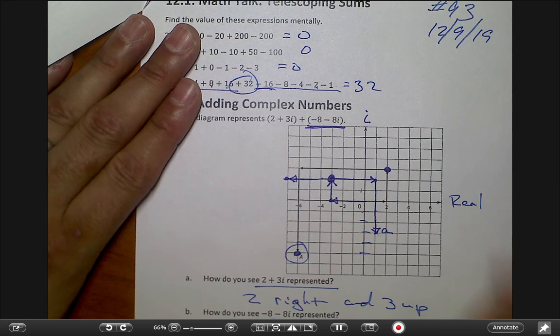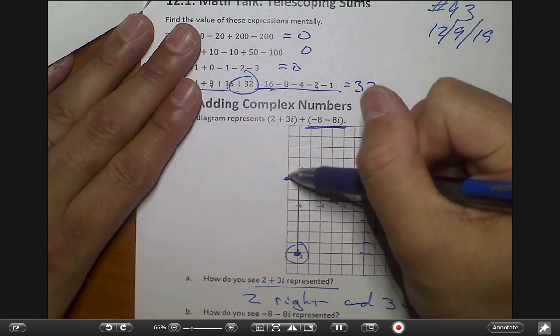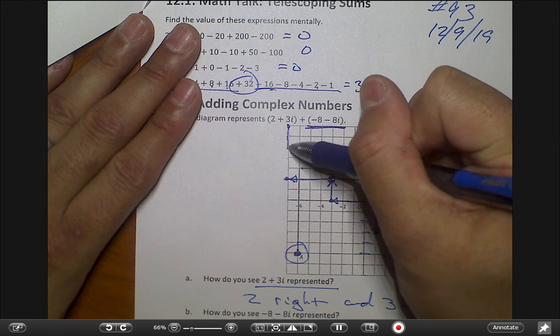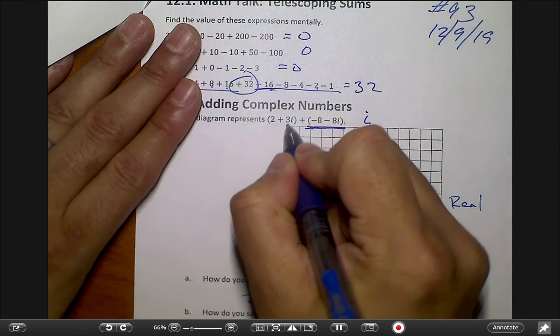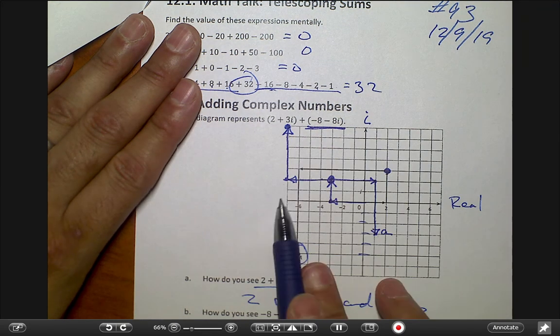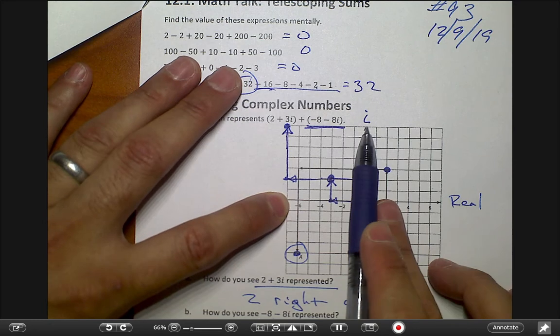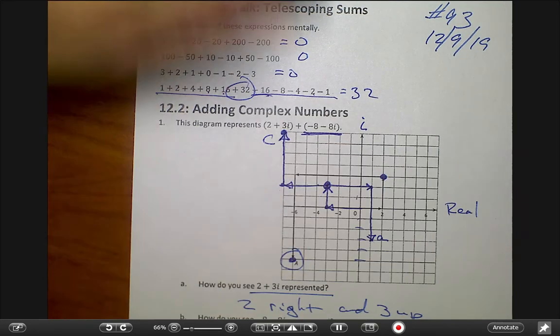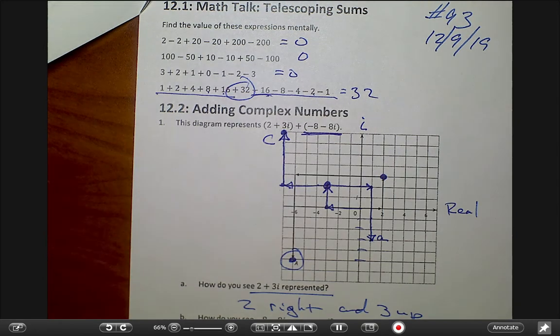And up what? 5. Okay, so 1, 2, 3, 4, 5. There we go. All right, let's see. That's negative 7 and then up 7. And that's going to be little c. There we go.